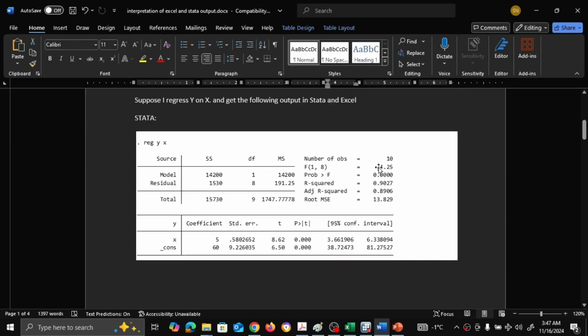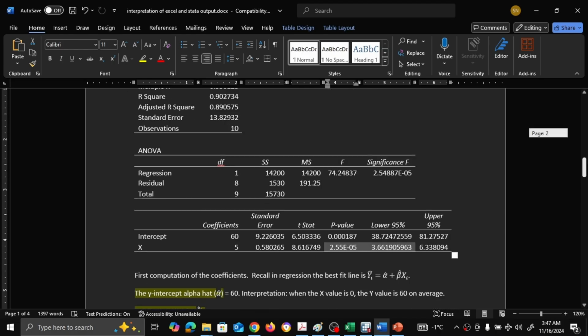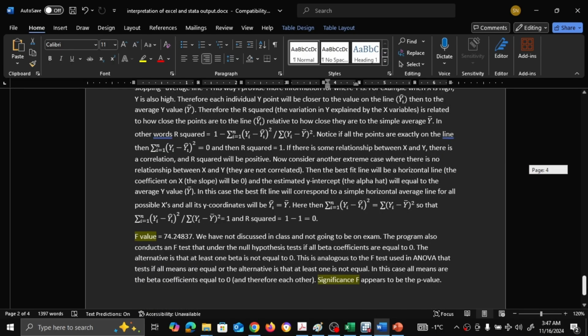Okay, they all show significance level here. 74.25. Okay, it's the same. You can double check this, okay? Okay, and this is it for interpretation of Excel and STATA output.